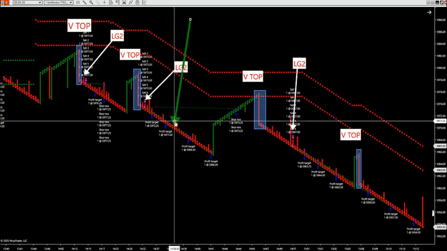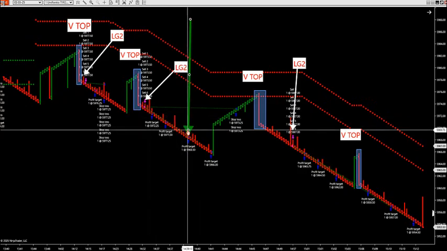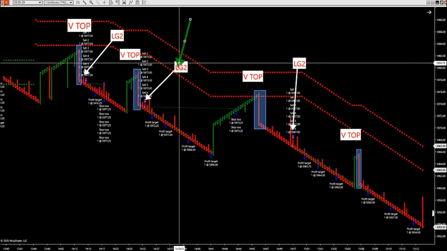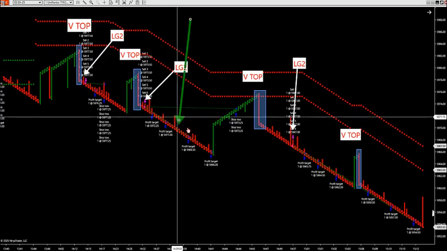So you can see all the way down with trend you get the V-tops, and if you turn on the strategy, the LG2, it only takes the first liquidity grab after the V-top.